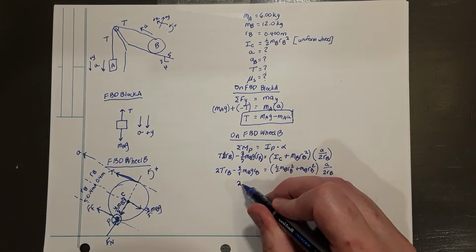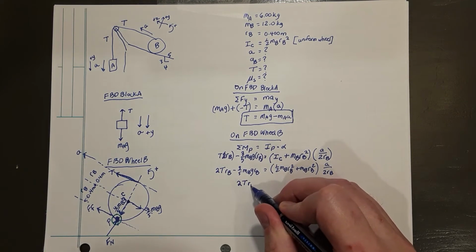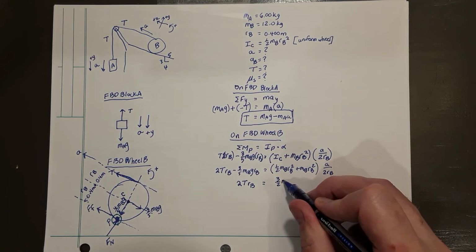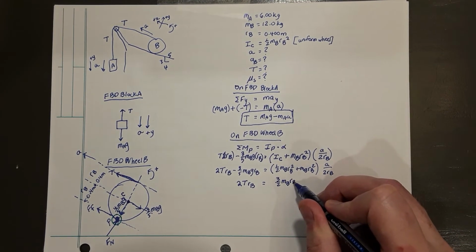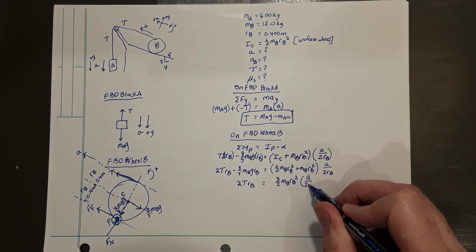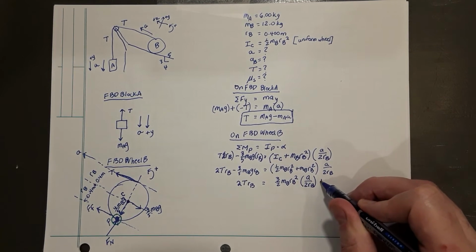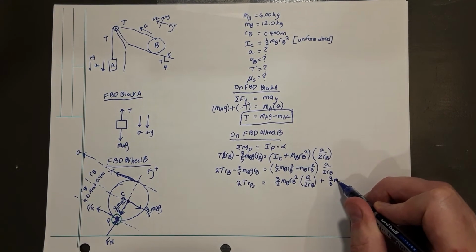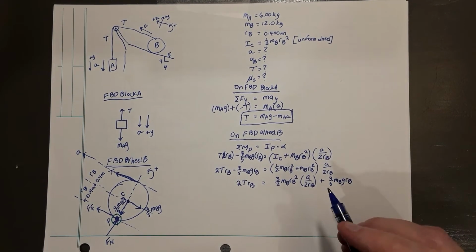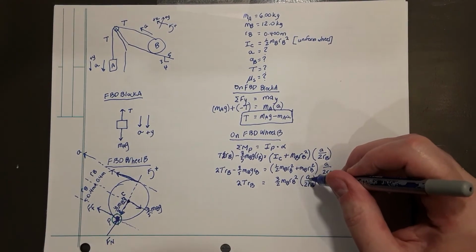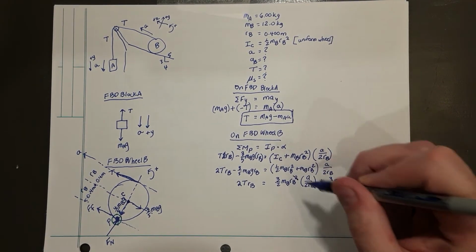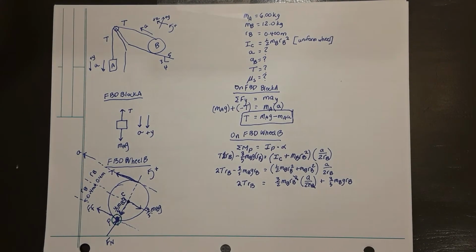So if I write this, 2 tension RB equals 3/2 MBRB squared times A over 2RB plus 3/5 MBGRB. We can notice there's going to be some canceling going on. RB and one of the RB's cancel in the first term.